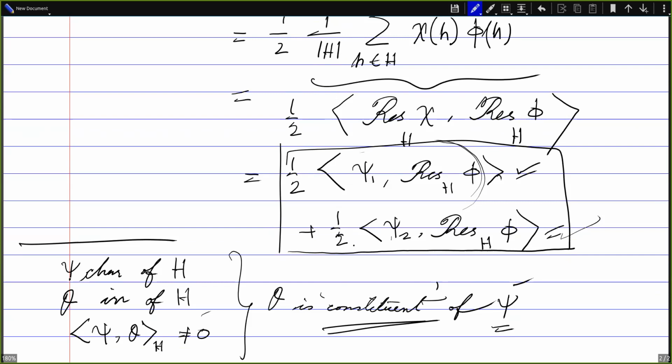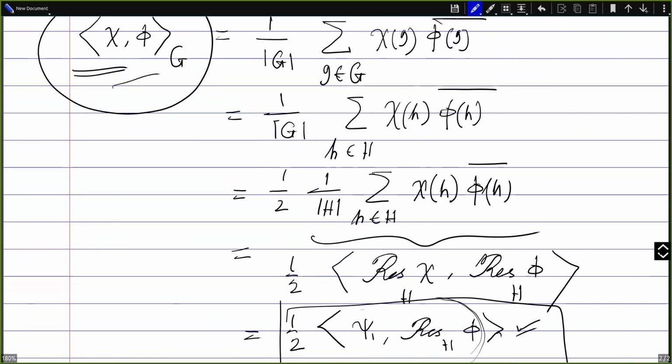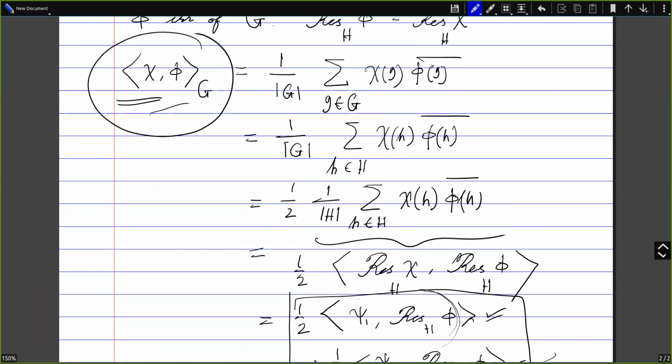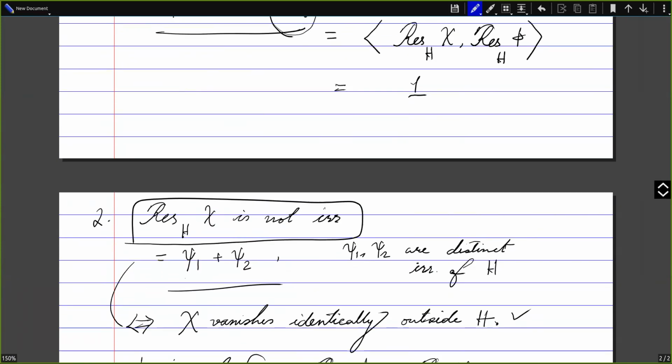So once we have this terminology in our hand, let us formulate the above observation in the following way: if phi is an irreducible representation of G whose restriction to H coincides with that of chi, then if at least one of the constituents of res chi is also a constituent of res phi, then phi has to be identically equal to chi.